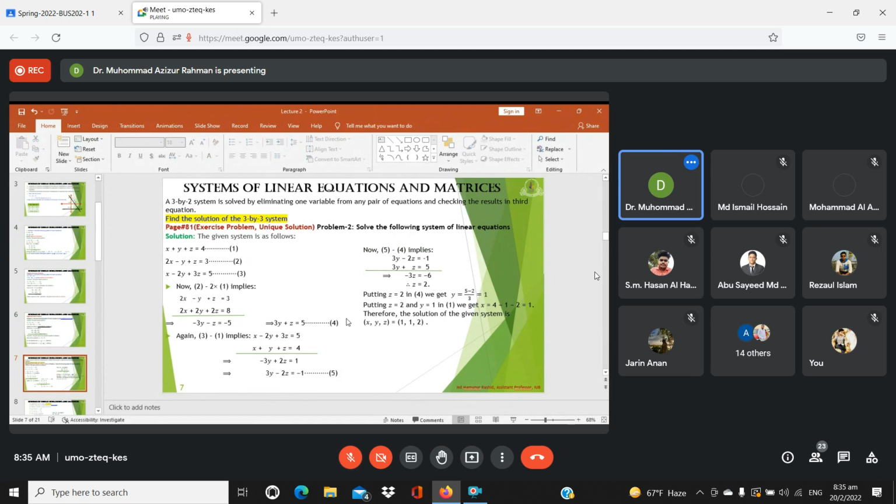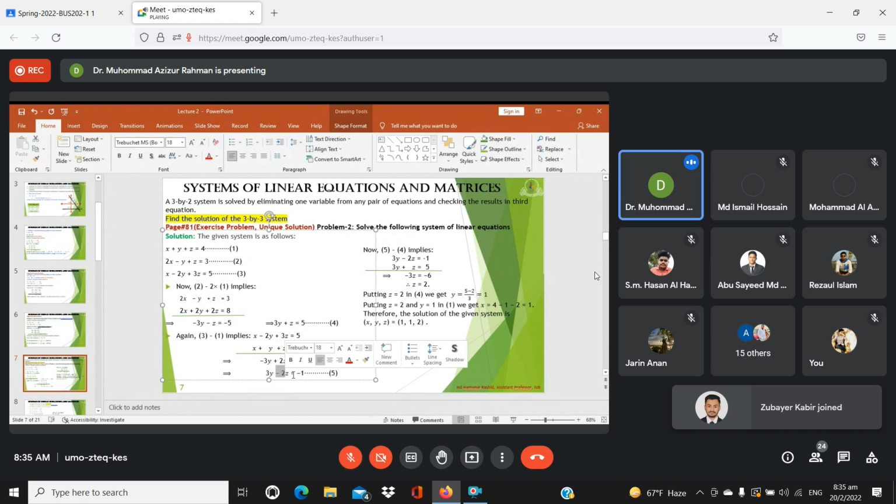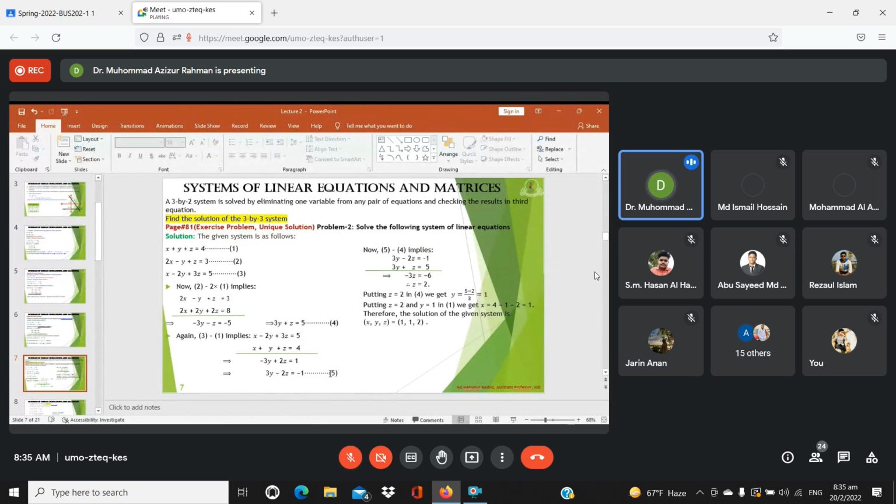So from these 3 equations you now have 2 new equations, 4 and 5. In equation 4 you have 3y plus z equals 5. In equation 5 you have 3y minus 2z equals minus 1. If you subtract 4 from 5, you can eliminate y, right?